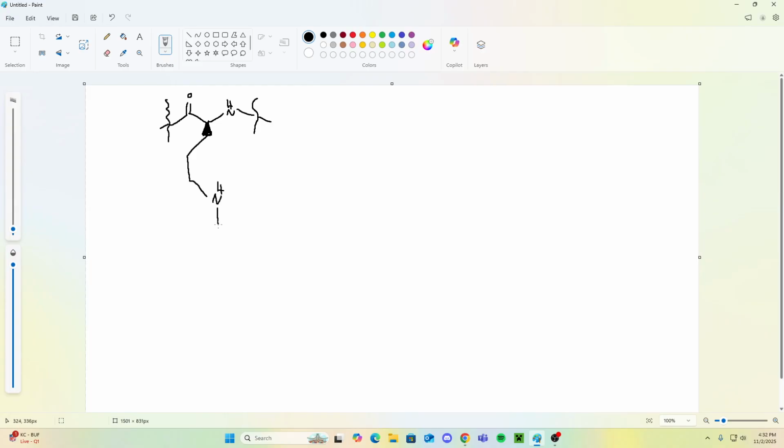And then it has a similar structure to what a carboxylic acid is. However, instead of oxygens, they are nitrogen groups. So here are the two nitrogen groups.